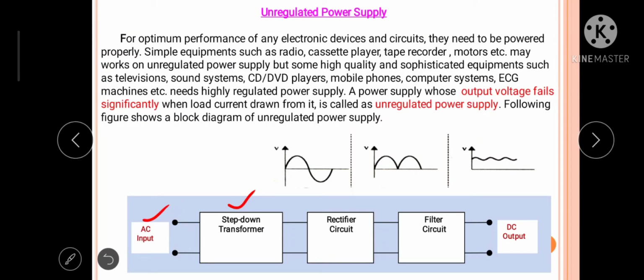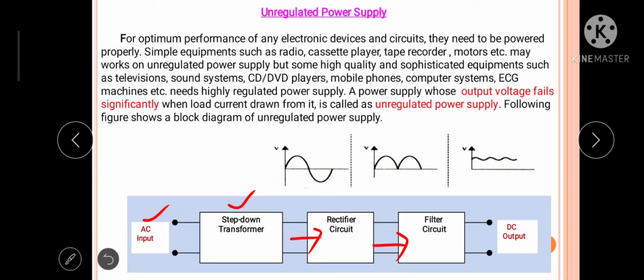Then this AC voltage is connected to the rectifier circuit. As discussed earlier, the rectifier circuit converts this input AC signal into pulsating DC. Then this pulsating DC signal is connected to the filter circuit.